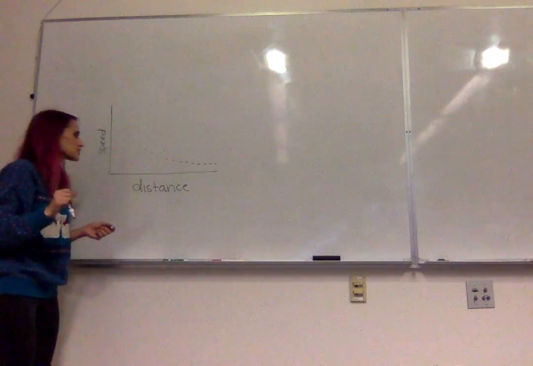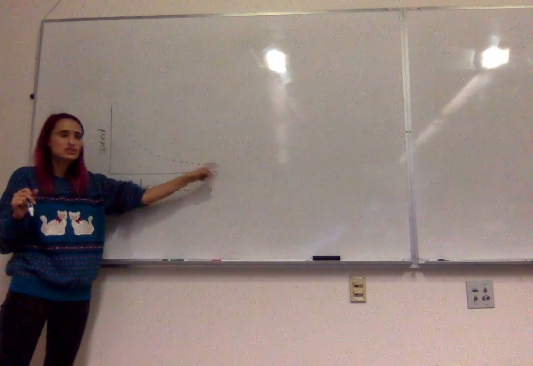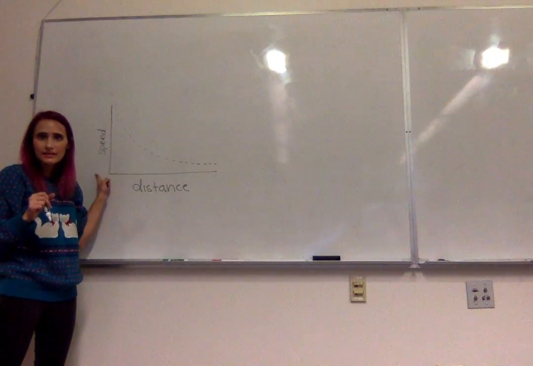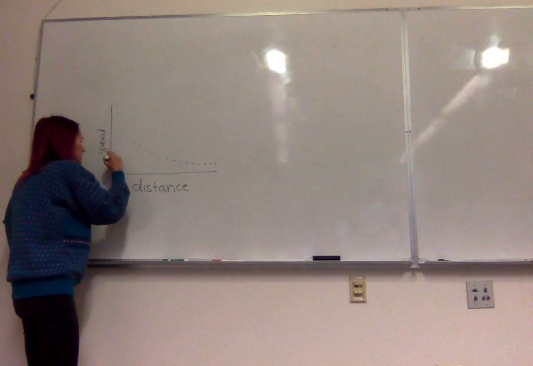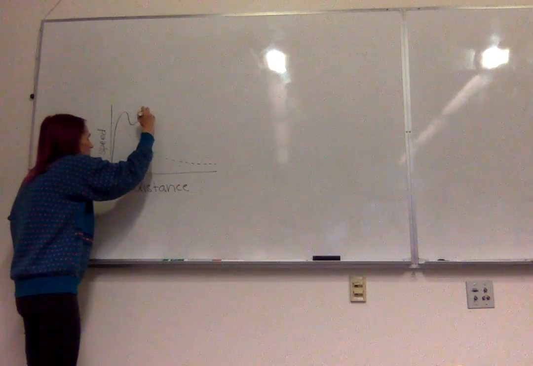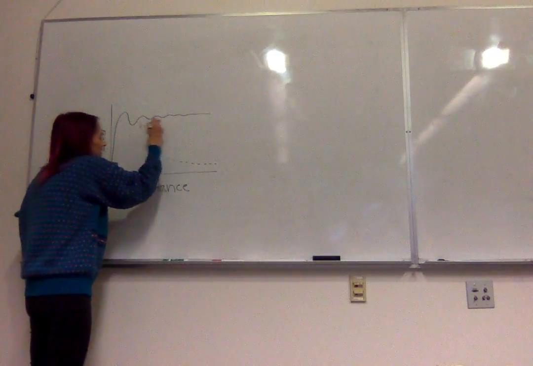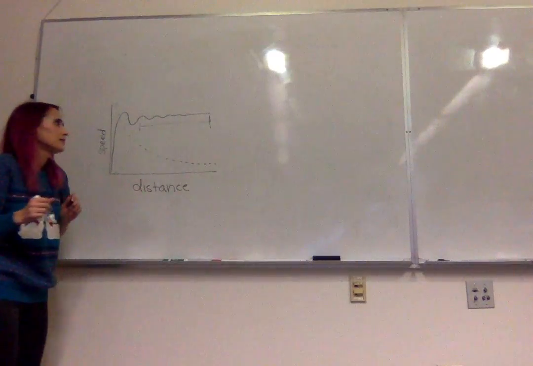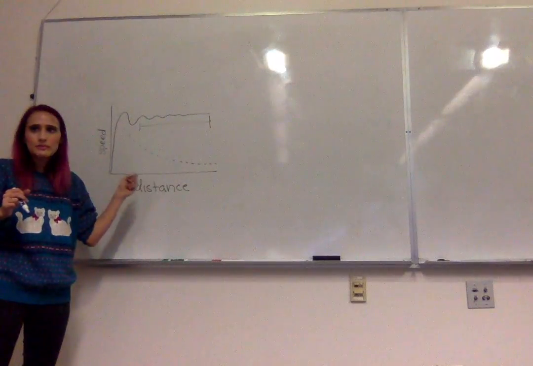So for planets in our solar system, the farther away something is, the slower it moves. And we expected to see something like this for the stars in our galaxy. And instead, we got something that looked like this. We got this flat curve.